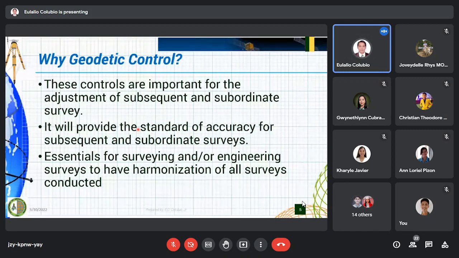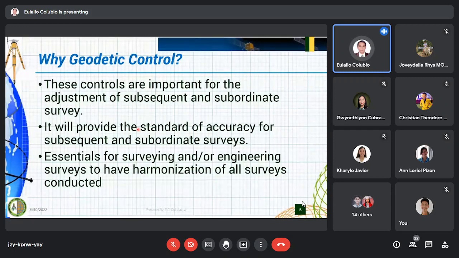It's quite not noticeable, but as we keep conducting surveys and occupy those points again, you will notice a slight difference in their coordinates.